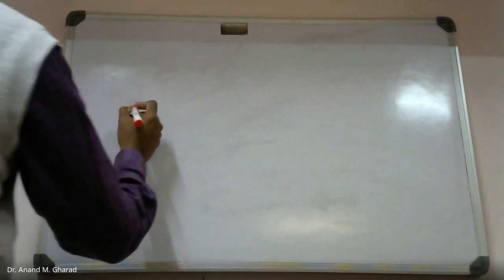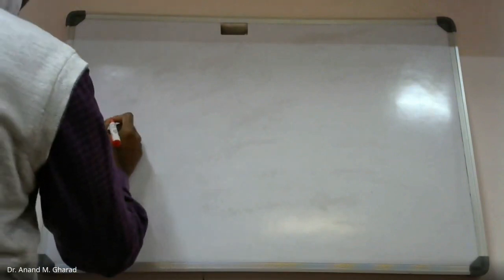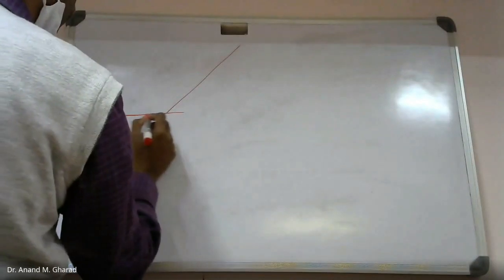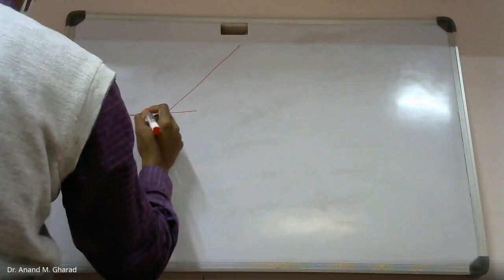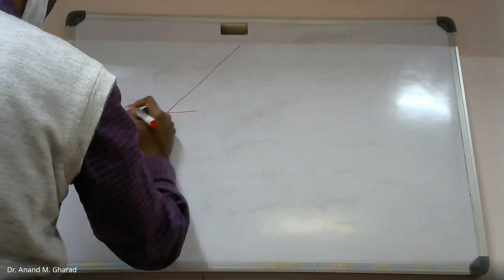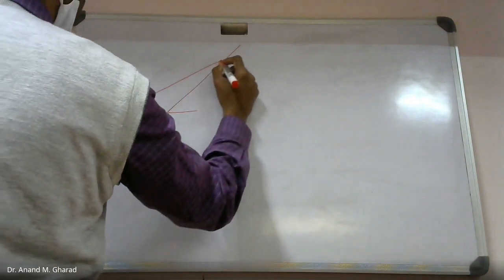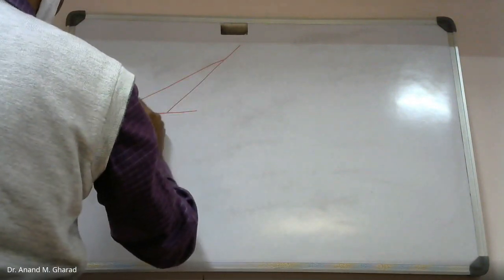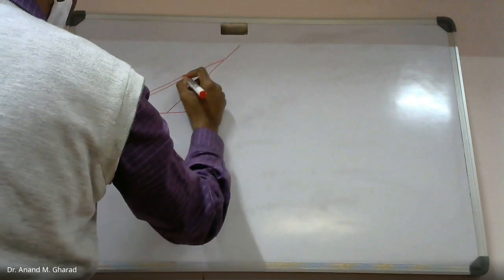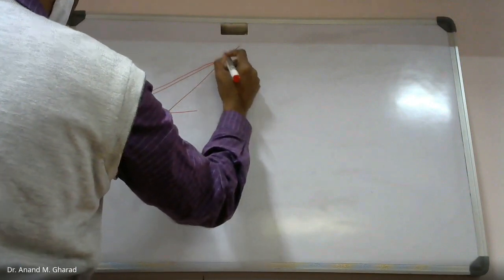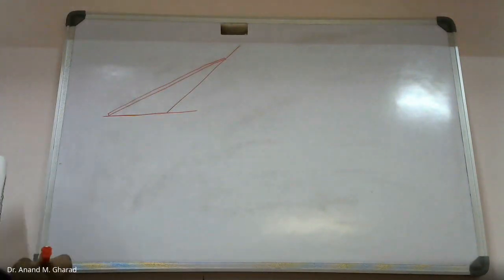Second question. Zero point 1781. Is it positive or negative? Positive. Okay. So here also it is coming out to be positive. So then again we have to bisect. This is again a negative value.